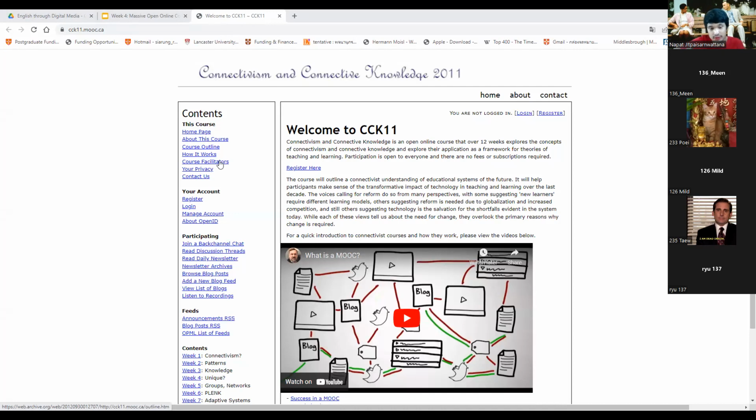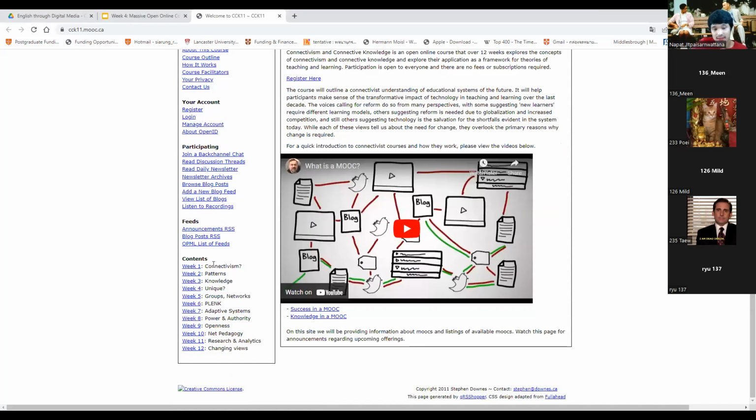I'm not going to go into details. But as you can see, it has a perhaps loose structure of content. They have from week 1 what they are going to cover, week 2, week 3, all the way to week 12.